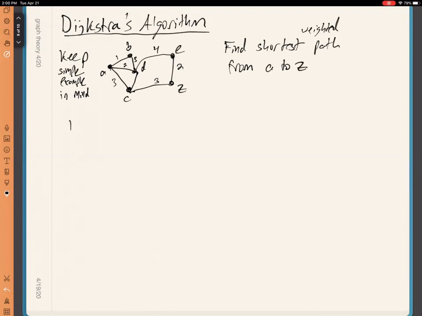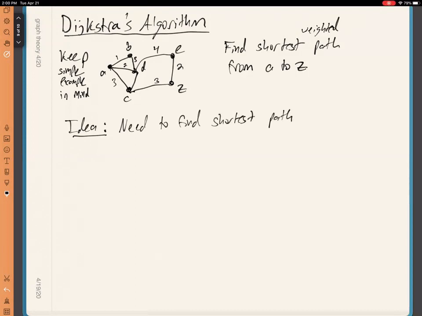What's the main idea of the algorithm, which is something we mentioned last time? Well, if you're going to find the shortest path from A to Z, how are you going to do that?